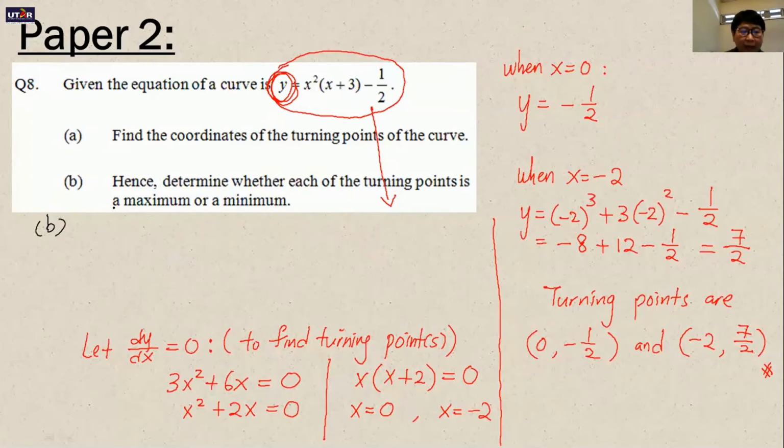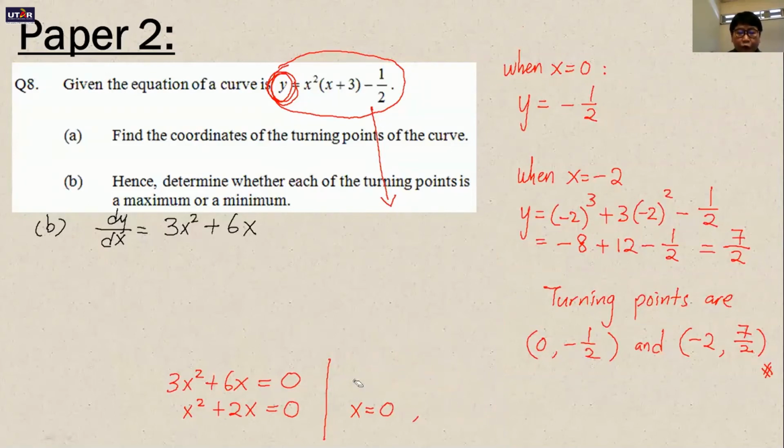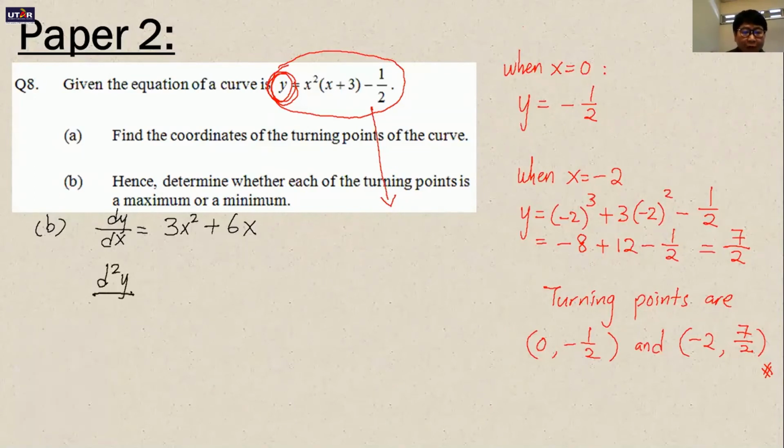So from part A, you know that your dy over dx is 3x squared plus 6x. So I need to differentiate it again to confirm whether it is a maximum turning point or a minimum turning point. According to the second derivative, we need to differentiate again to get the second derivative.